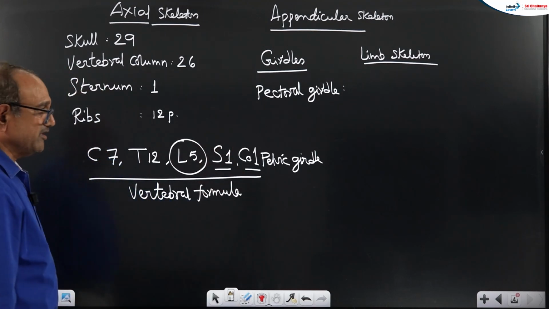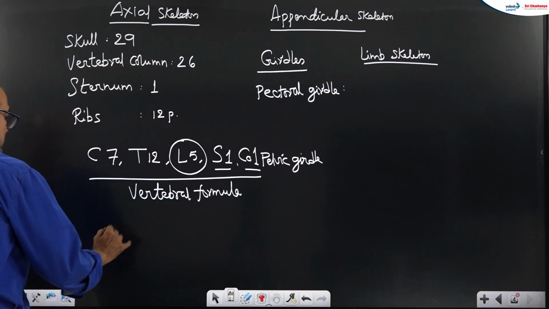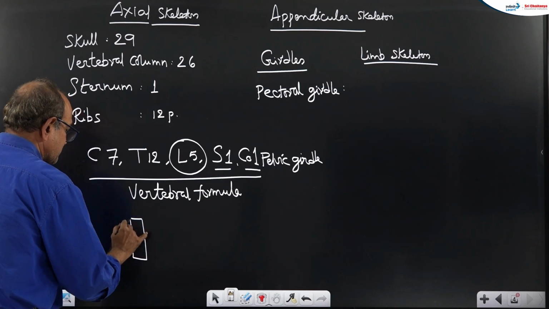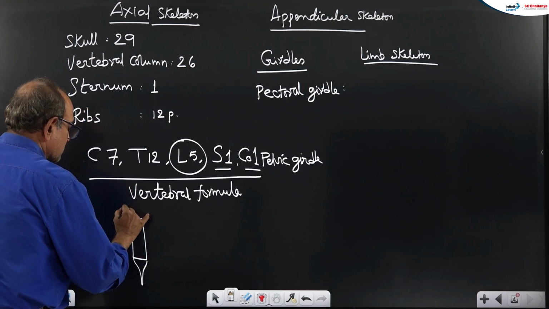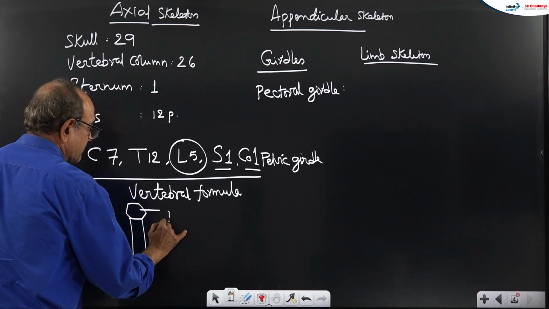Next one is the sternum. Sternum is the chest bone or breast bone. It is a single piece of bone but divisible into 3 parts. The upper portion, which is hexagonal, is called the manubrium.